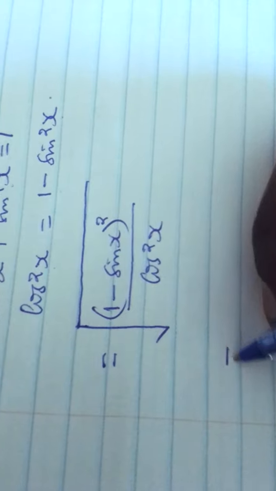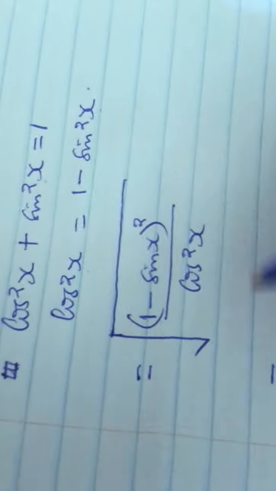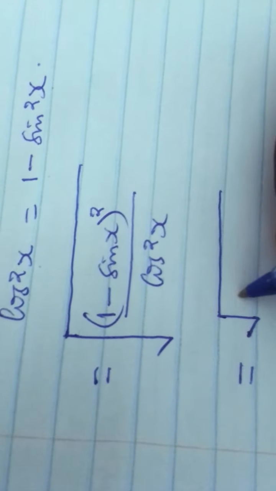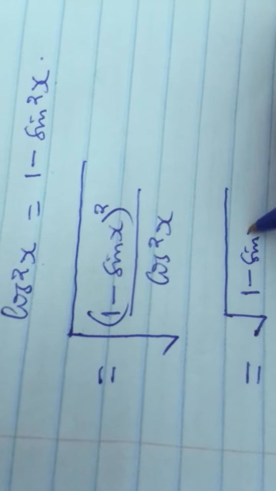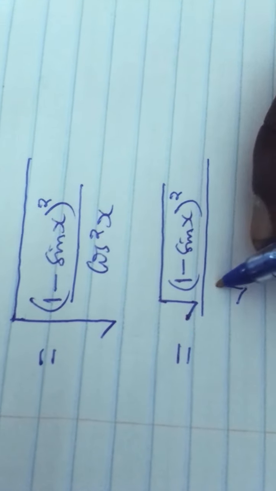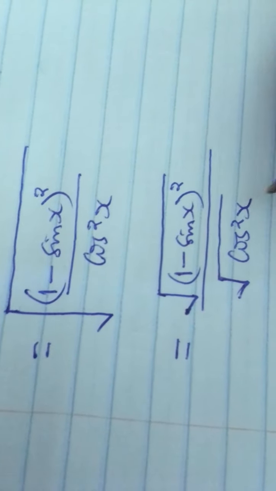So after having that, square root means a half. So this one is the same as root of 1 minus sine x but squared over root of cos squared x.